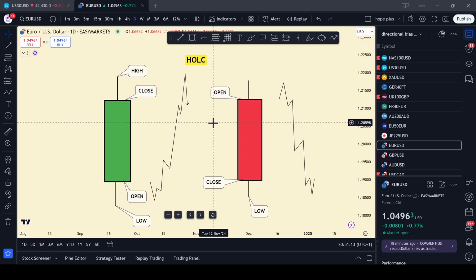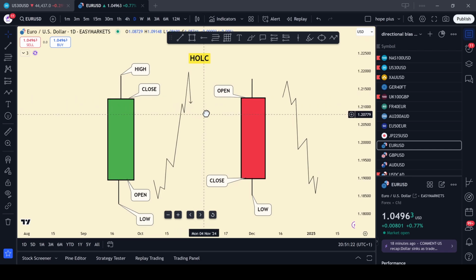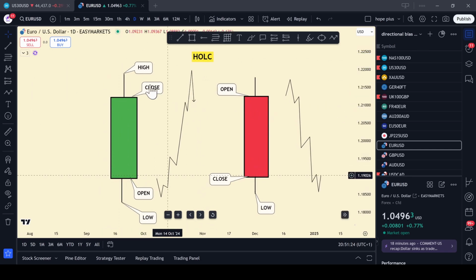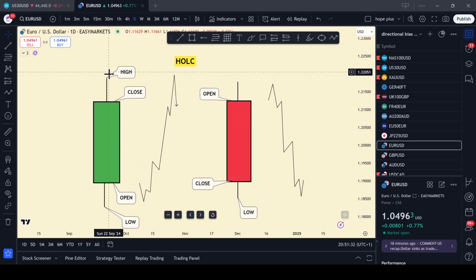Now, before you have an understanding of the single price level, you have to know the anatomy of a candlestick. Every candlestick has the open, the high, the low, and the close, HOLC. So when a candle opens for a bullish candle, we are going to have the open here.